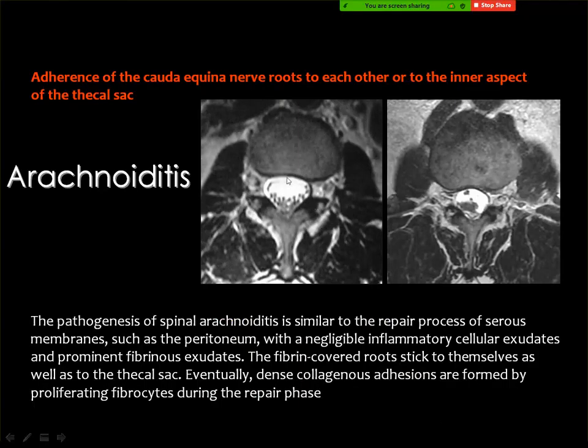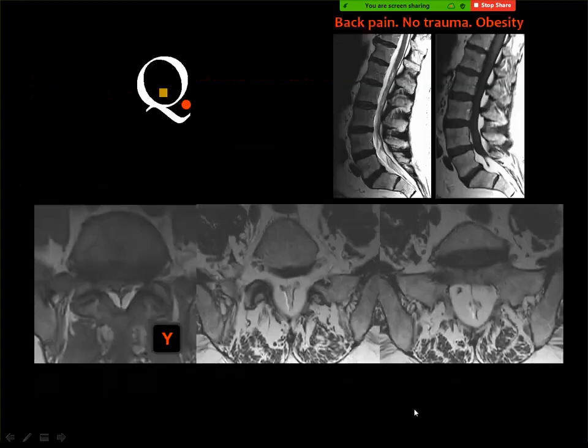This is the normal appearance of the nerve roots while the patient is lying on his back. But in this example, you have clumping or adhesion of the nerve roots together, and this is a good sign of arachnoiditis. Next case.